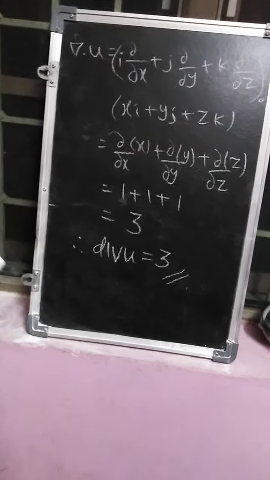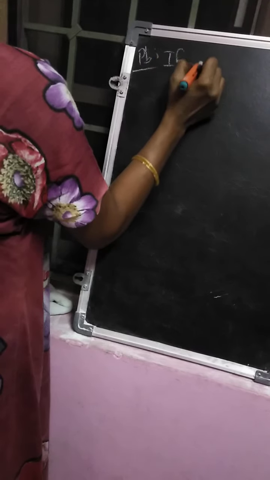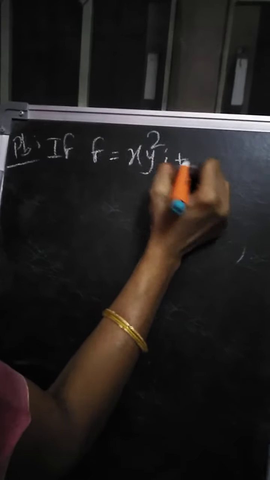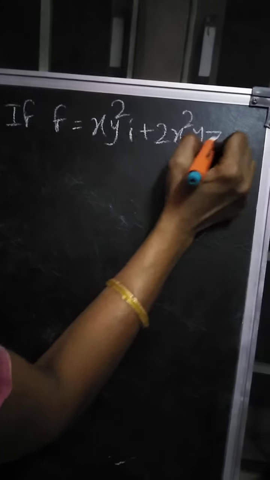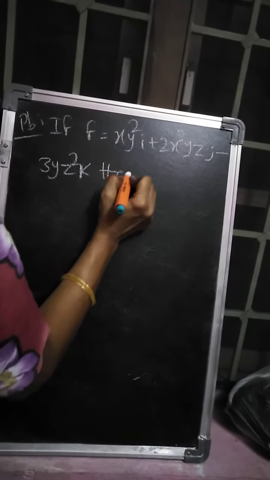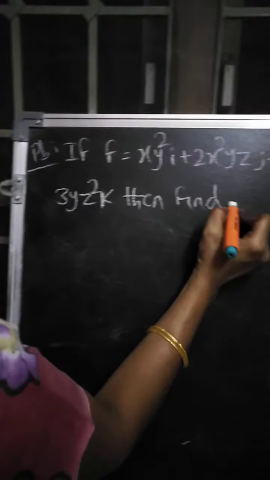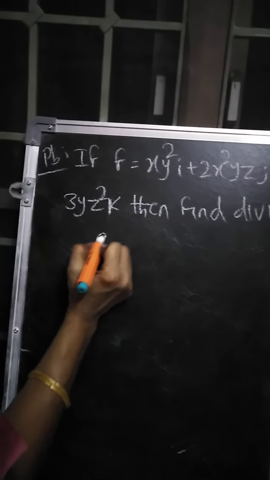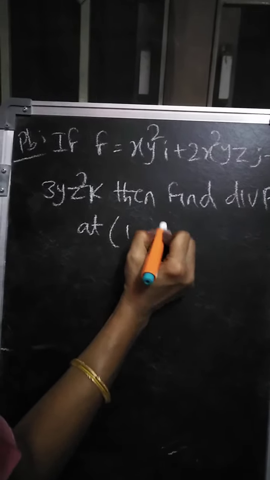Then another problem. If f is equal to xy square i plus 2x square yz j minus 3yz square k, then find div f at the point 1, minus 1, 1.